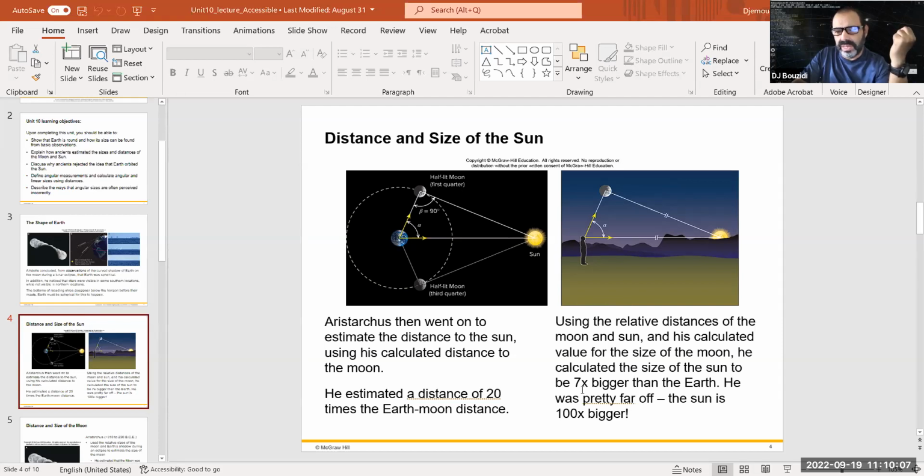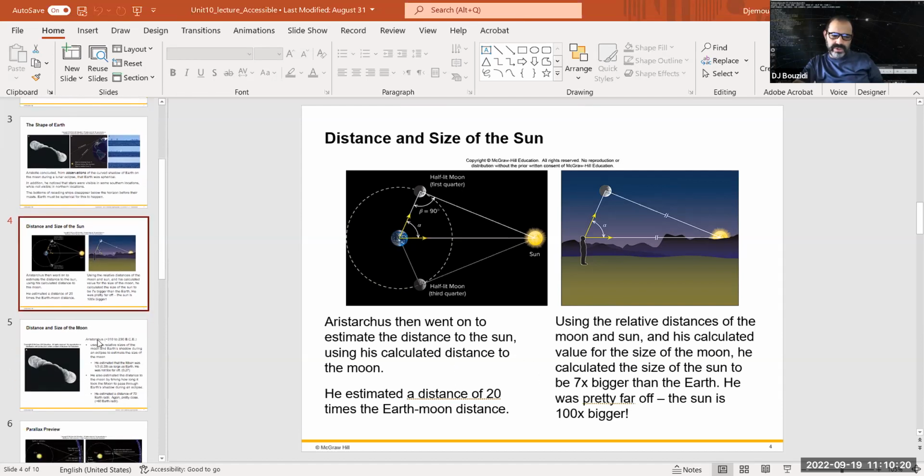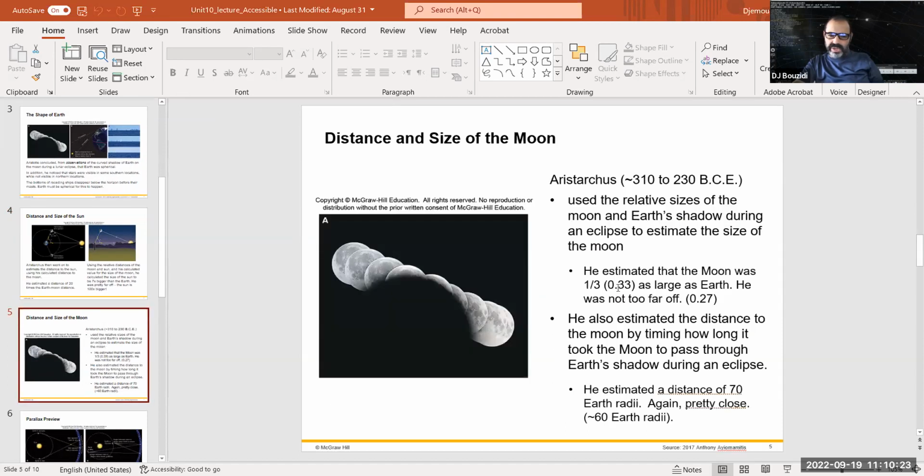So this estimate of 7 times bigger is not correct. But his point again is that, hey, listen, the sun is bigger than the Earth, so it doesn't make sense that the sun revolves around the Earth. That's basically his point in here, though it could not really be sustained. And the other estimate that he came up with was based on the lunar eclipse and, first of all, how many times the sun will cover the moon.